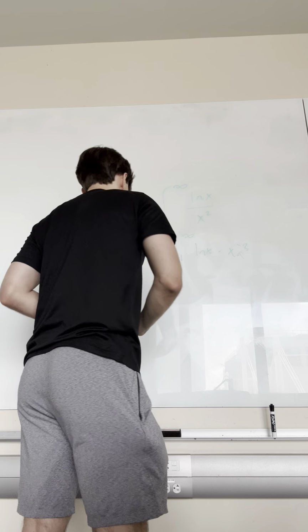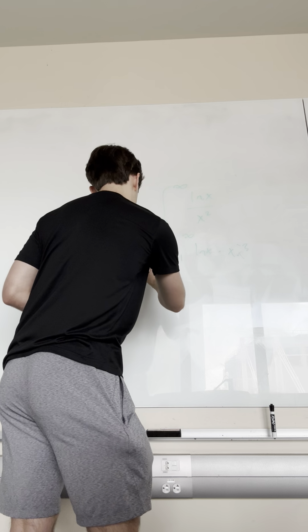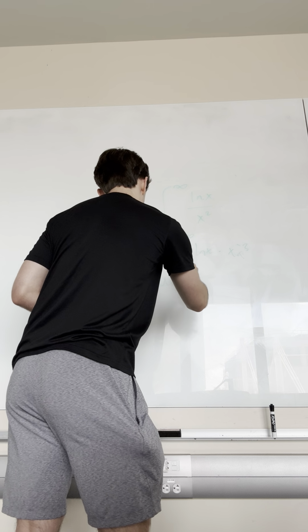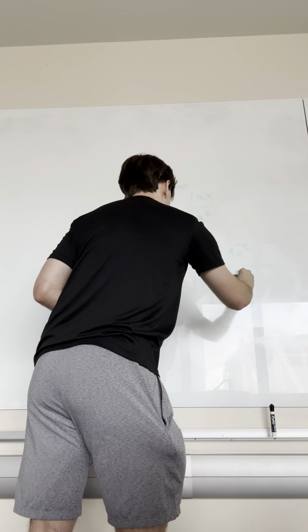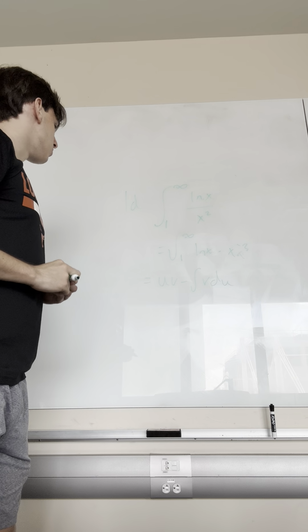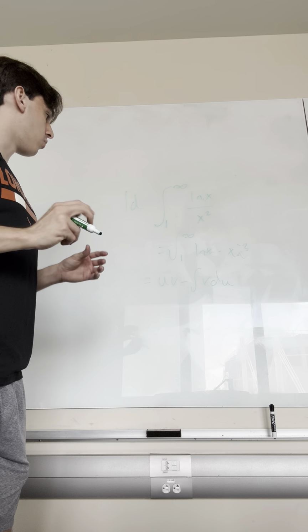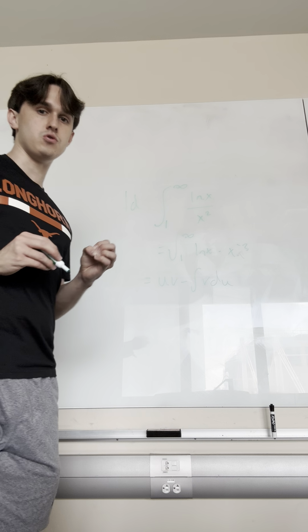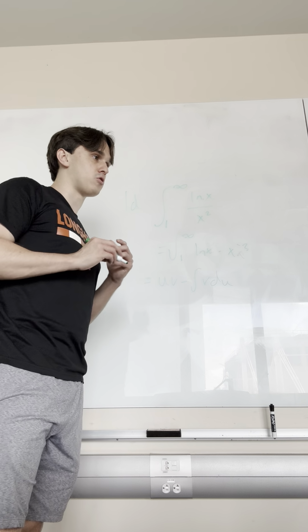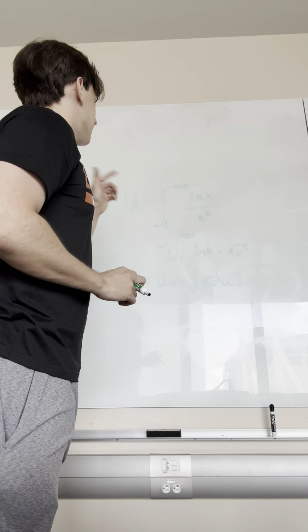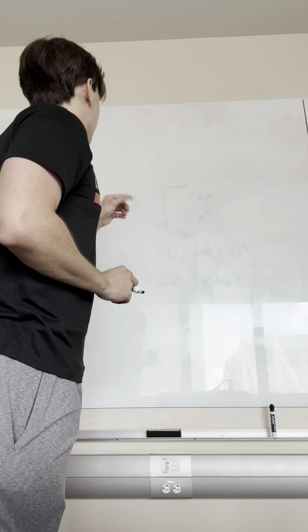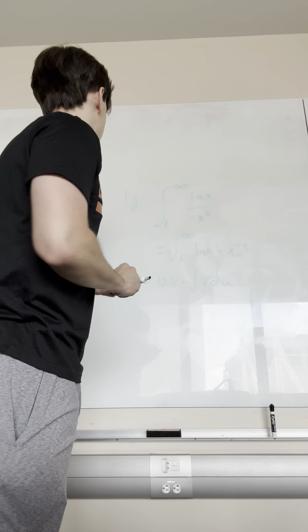And so how we would do that is we have the formula uv minus the integral of v du. How this works is that you choose u, a function which you can differentiate, and dv, a function which you can integrate pretty easily. In our case, we would choose ln of x to differentiate, and x to the negative 2 power to integrate.